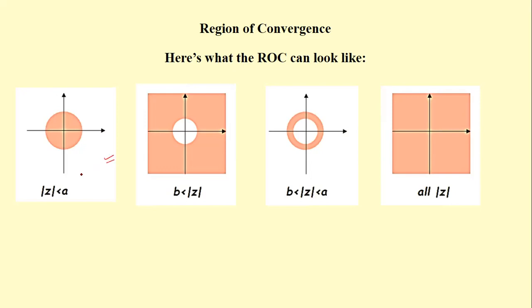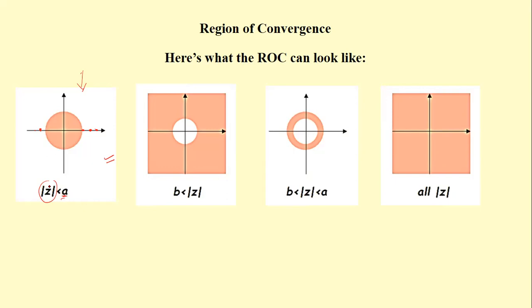In this first figure, this is the region of convergence of a sequence for which the values of |z| are less than a. So what is a here? a could be some point on this axis, it could be here, here or here. That means the value of a would be the radius, or the point on or outside the unit circle.